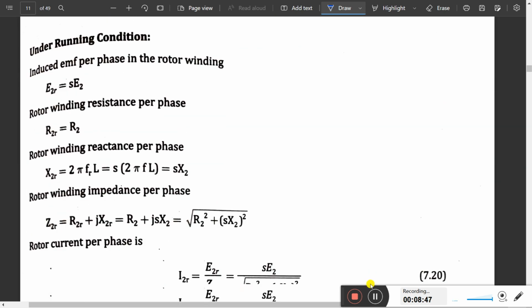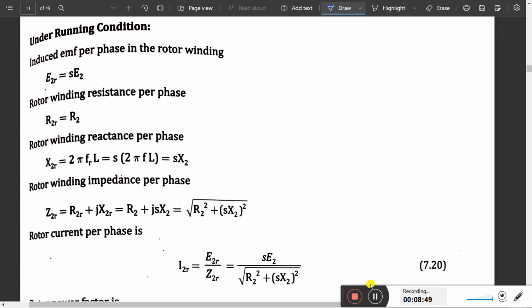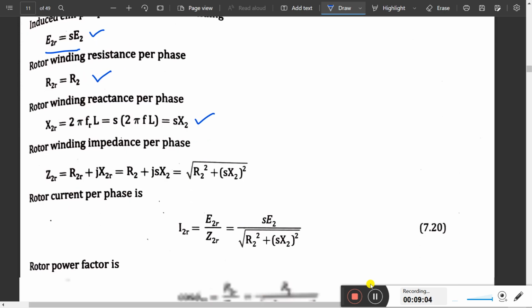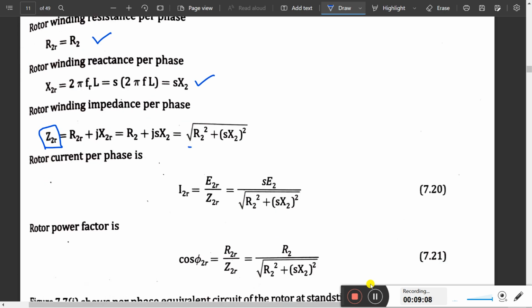Under running condition, the rotor voltage is equal to S into the secondary voltage E2, the rotor resistance is equal to R2, and the rotor winding reactance per phase is equal to S times X2. If I substitute all these values in Z2r, you will get this equation.